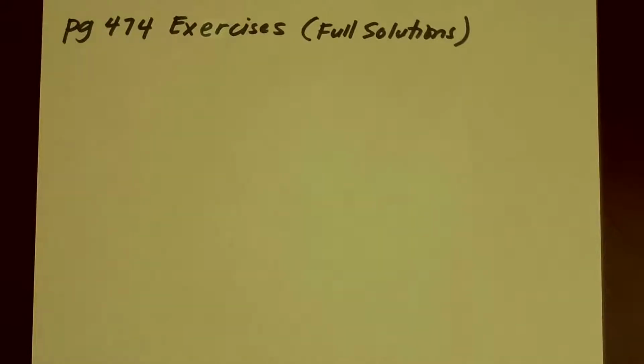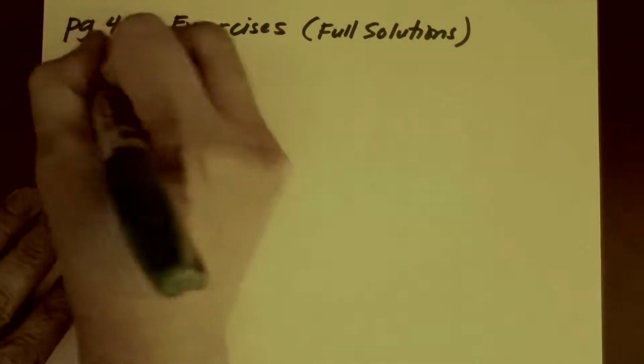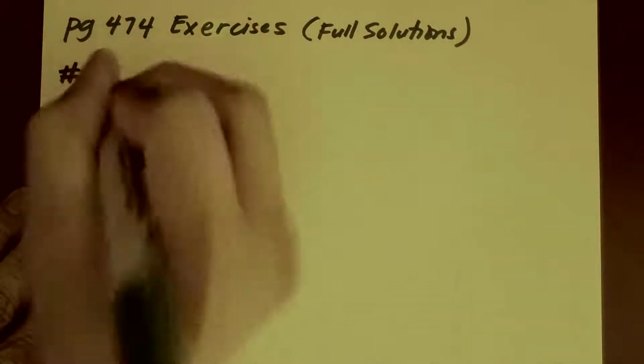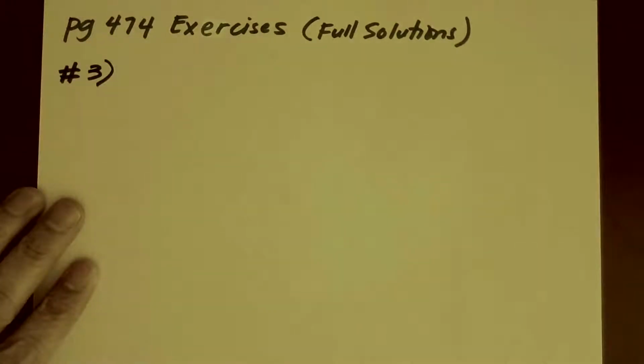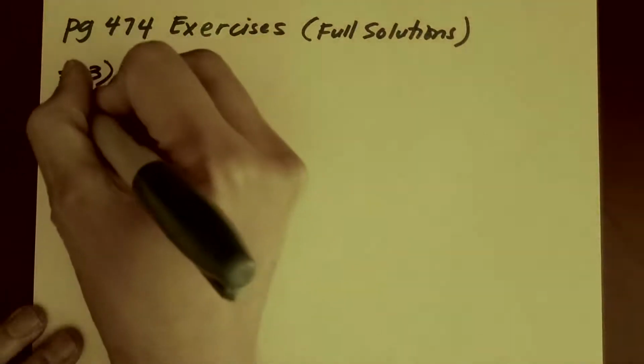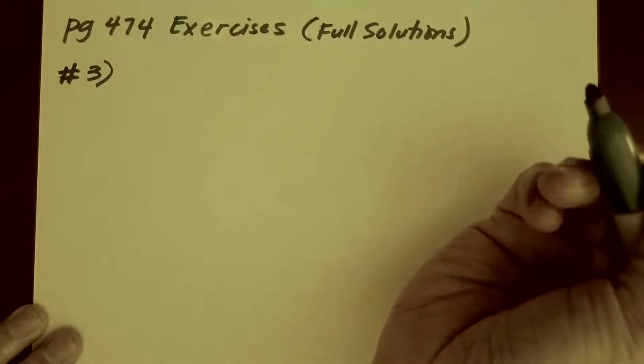Okay, question number three says, use technology to determine the value of each trigonometric ratio to the nearest thousandth. Use technology, meaning use your calculator.